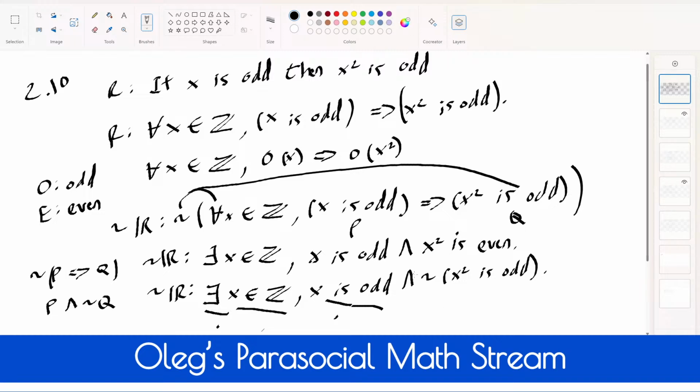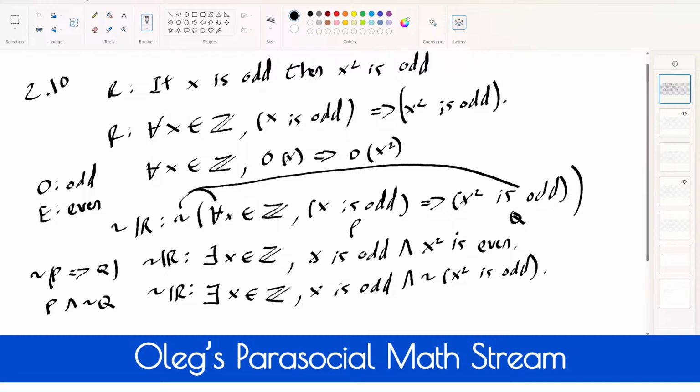Well, in this case, the and is just rewritten as whose square is not odd. Okay, yeah. Okay, all right. So far, so good.